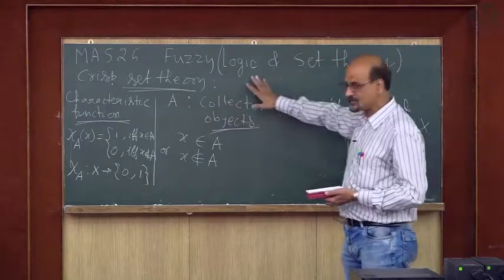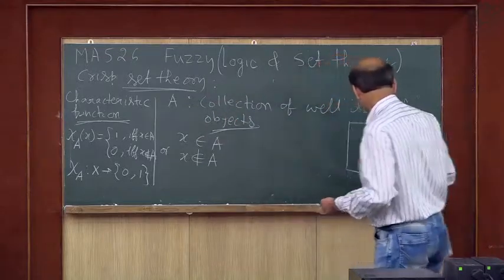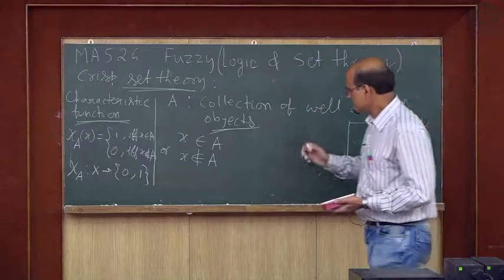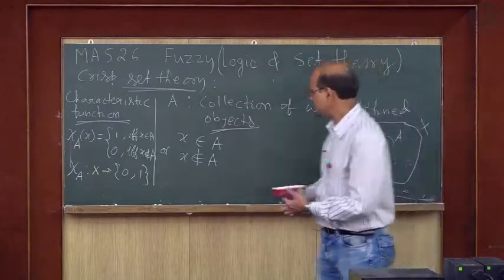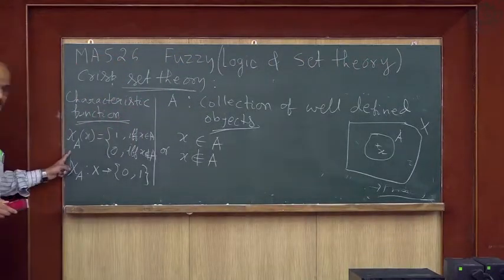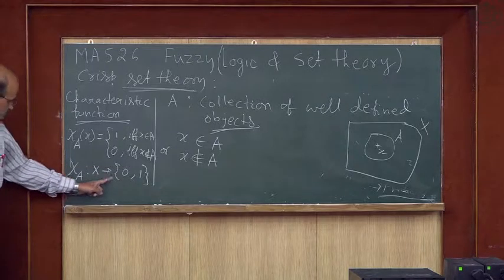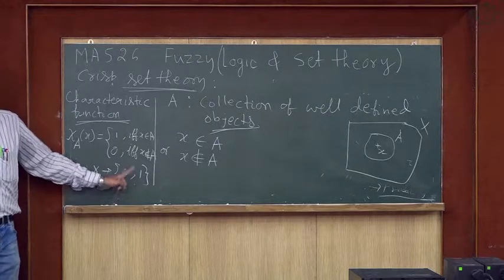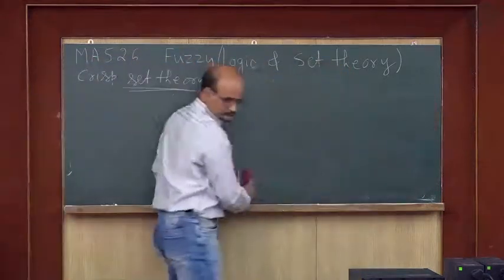So, everything with fuzzy, research is going on. Now, a little bit more about this set theory, let us see what you already know. So, remember this characteristic function, chi, which is a function from X to {0, 1}.